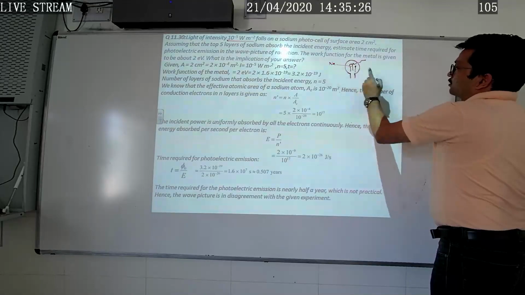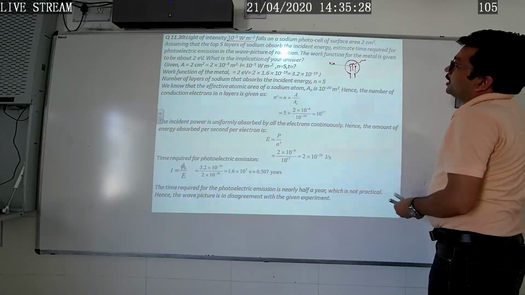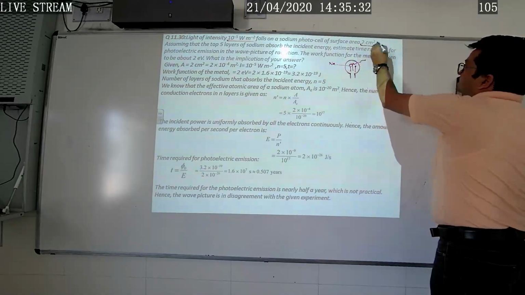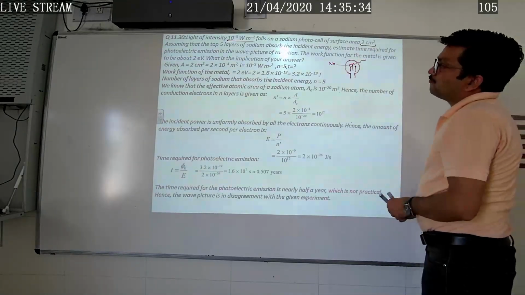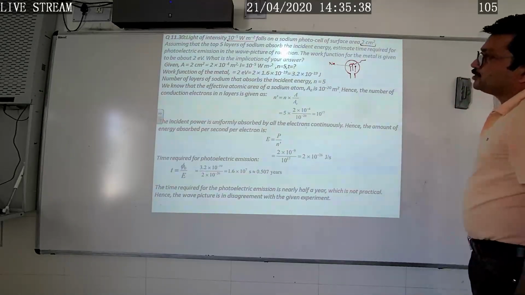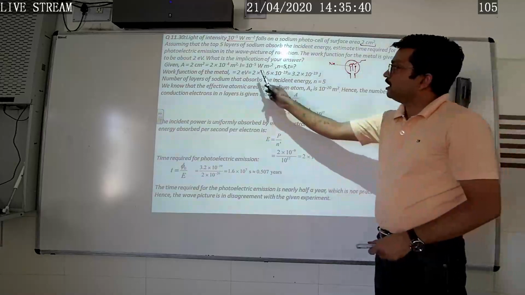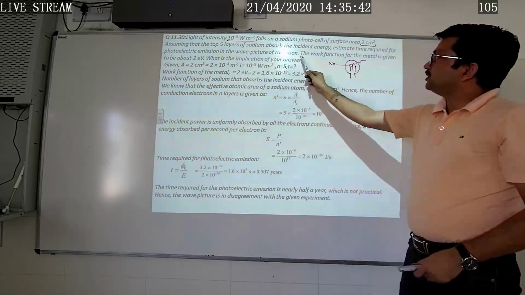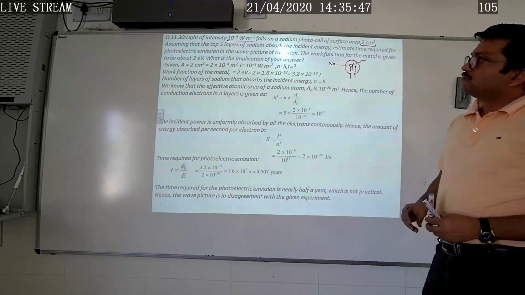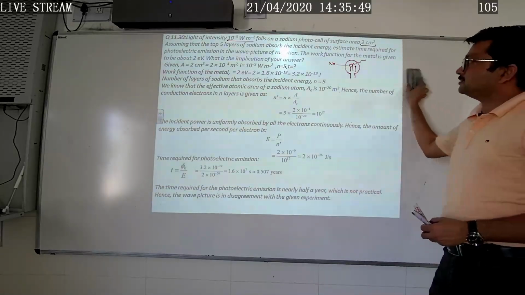So light falls on this sodium photocell having a surface area of 2 centimeters square. Assuming the top 5 layers of sodium absorb the incident energy, estimate the time required for the photoelectric emission in the wave picture of radiation. The work function for the metal is 2 electron volt. What is the implication of your answer?